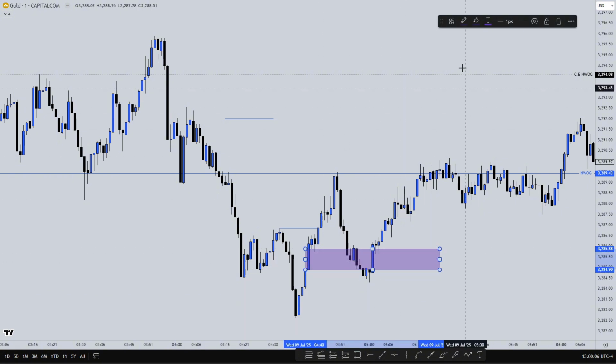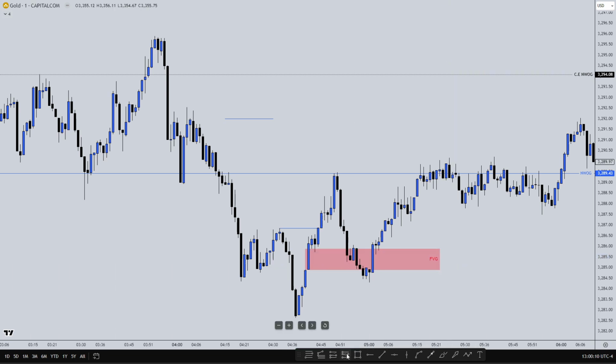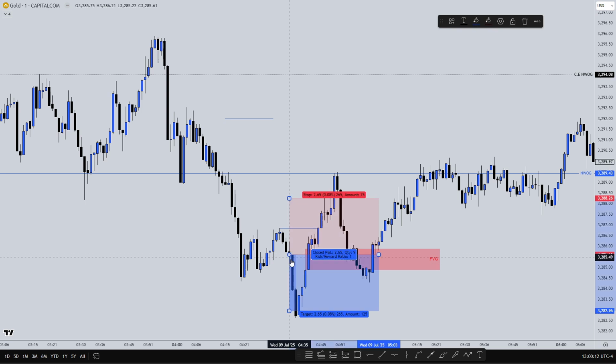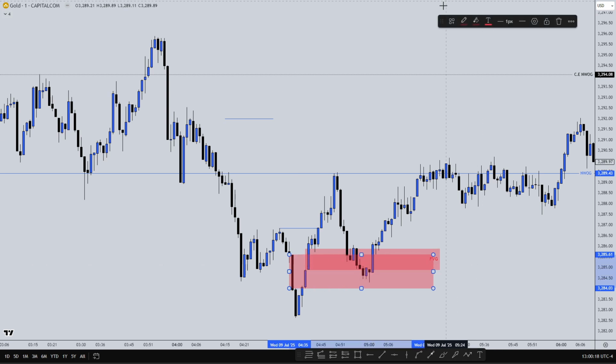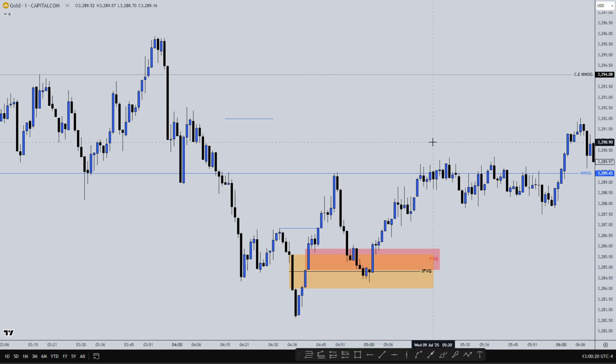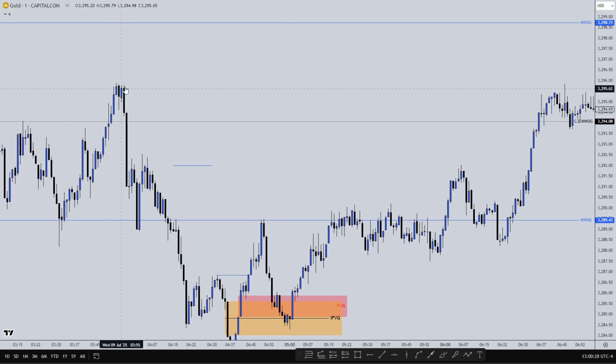And this is another fair value gap. And then it went to the higher prices to take this buy side and this buy side.